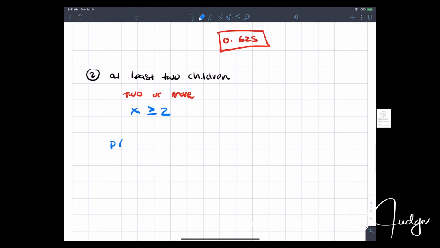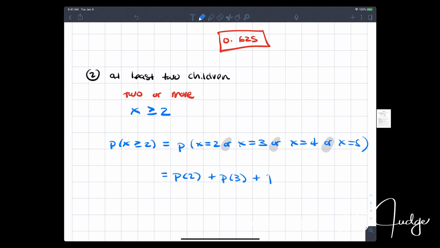So the probability that X is greater than or equal to 2 will be the probability that X is 2, or X is 3, or X is 4, or X is 5. Yes, or addition rule. P of 2 plus P of 3 plus P of 4 plus P of 5. This is the addition rule, ladies and gentlemen.